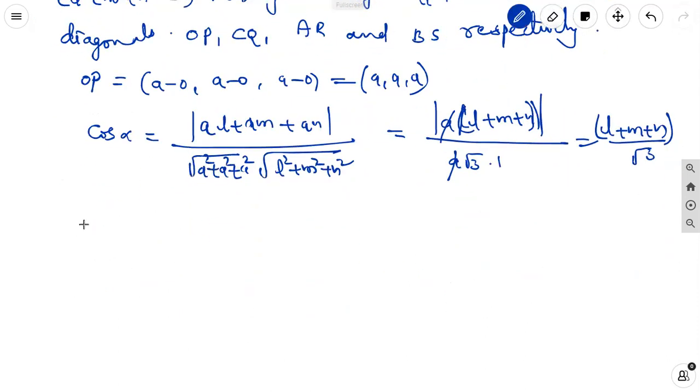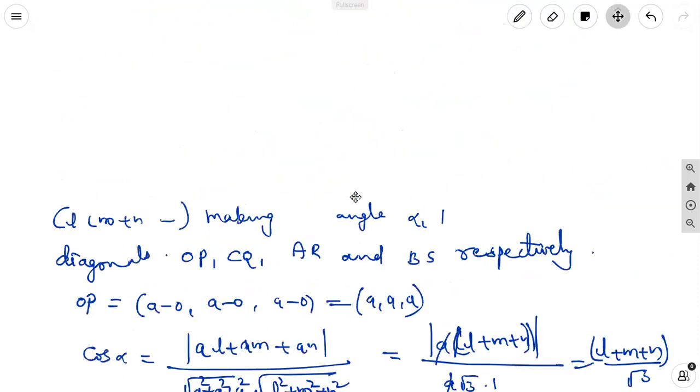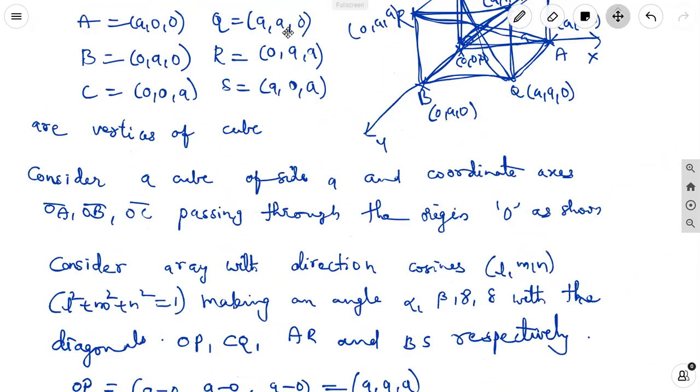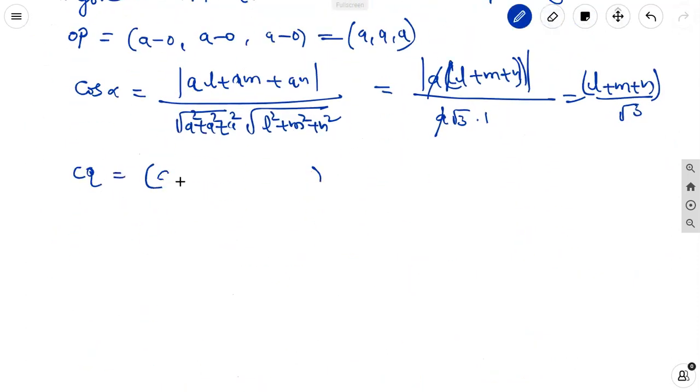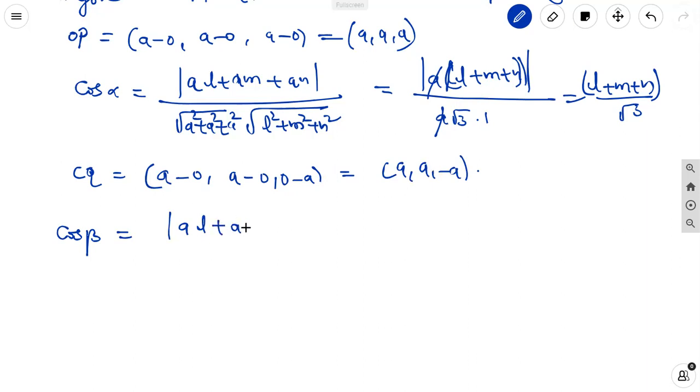Similarly, we can take CQ. The vertices are Q is A, A, 0 and C is 0, 0, A. So CQ is A comma A comma minus A. Then cos beta equals modulus of AL plus AM minus AN by under root of A square plus A square plus minus A whole square, which is A square, under root of L square plus M square plus N square.